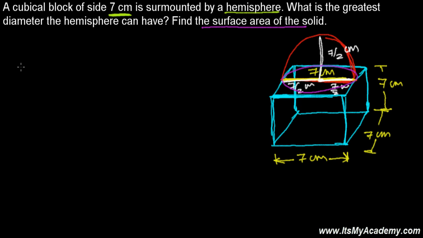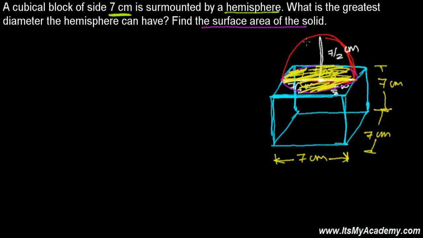And how do we do that? We know everything now. We can easily find the total surface area of this cube, and then the curved surface area of this hemisphere. And from those, we have to subtract this little circle, because that's not visible.